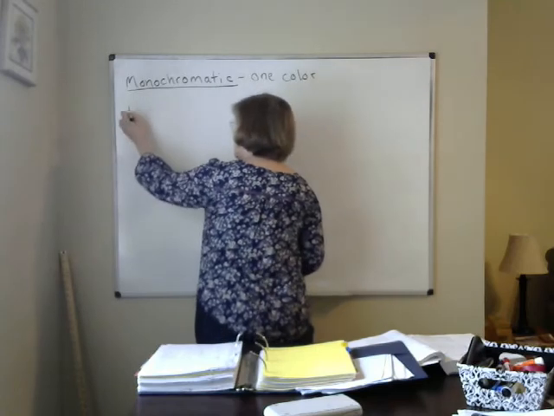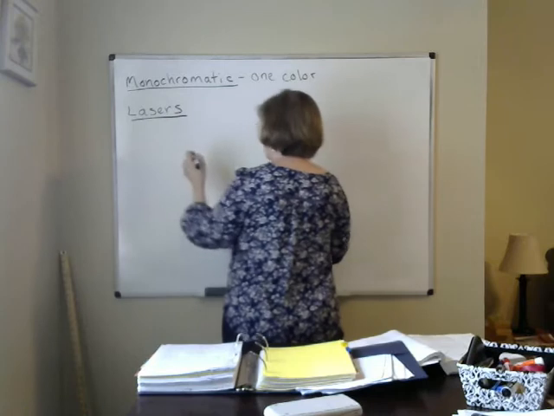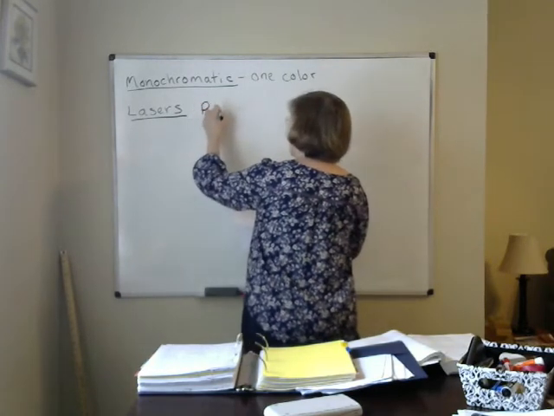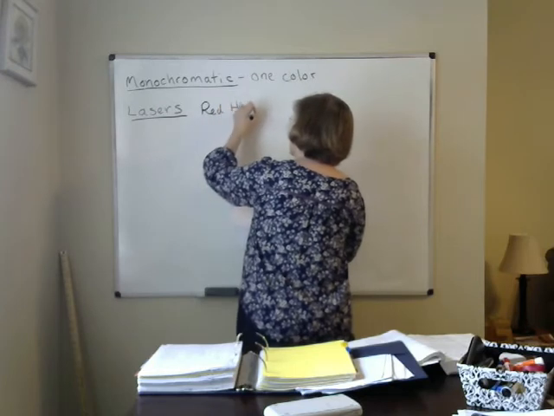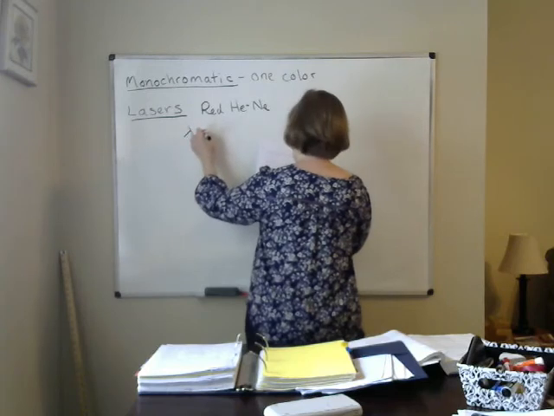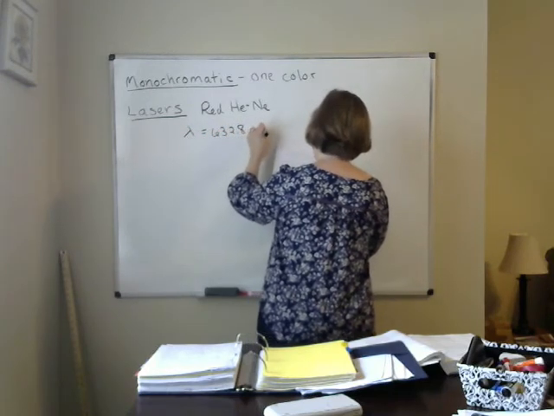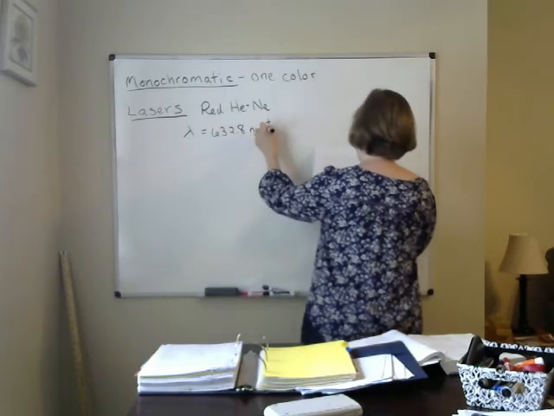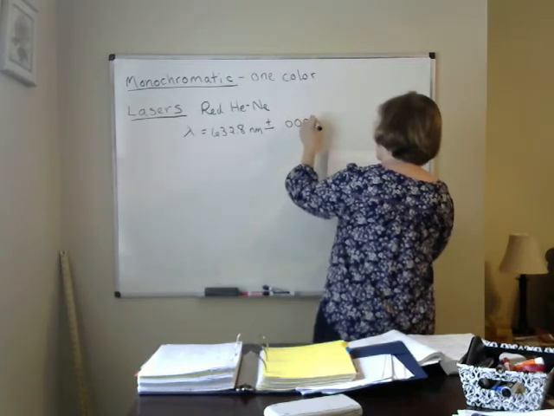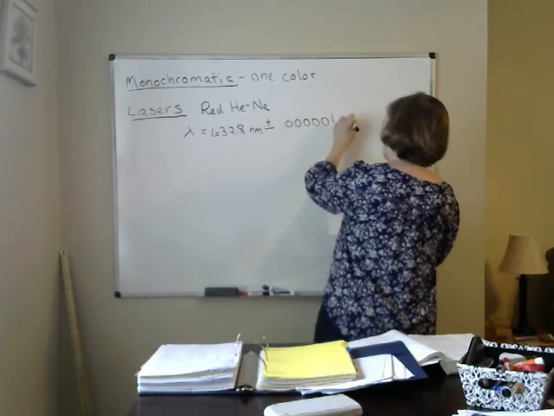They are almost monochromatic. A typical helium neon laser, this is a red laser that you've probably seen before, would probably have a wavelength of 632.8 nanometers, plus or minus 0.00001 nanometer.